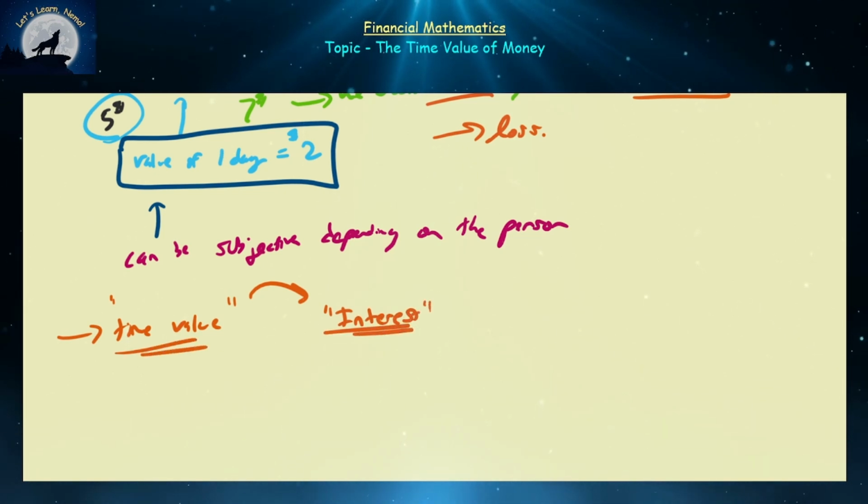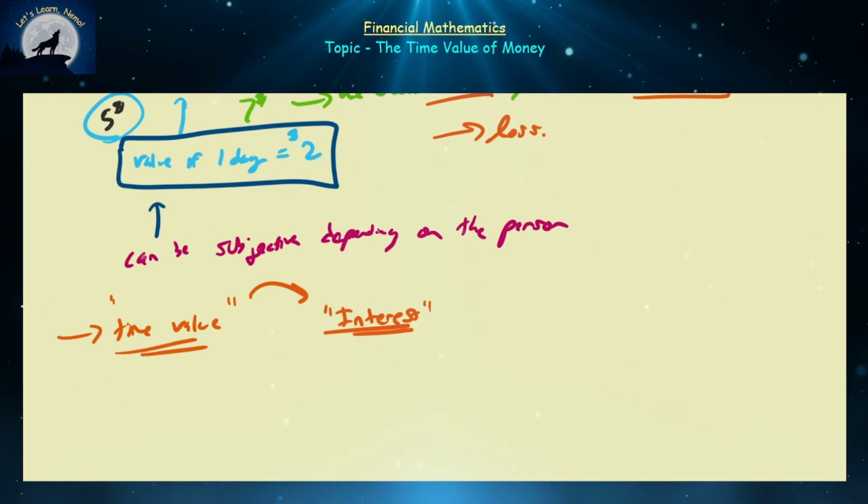So time value, how you view time, is mapped to interest. So it's a way of valuing time, and either you agree with this value or you don't. Maybe this interest rate is too high. Maybe the interest rate is too low. Regardless of how you view it in terms of large or small, it is one way to value time.